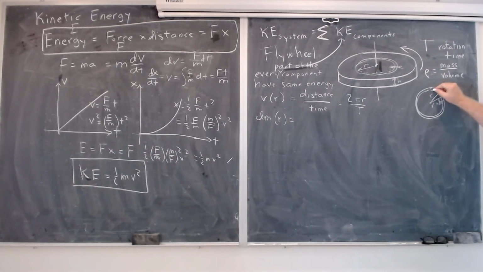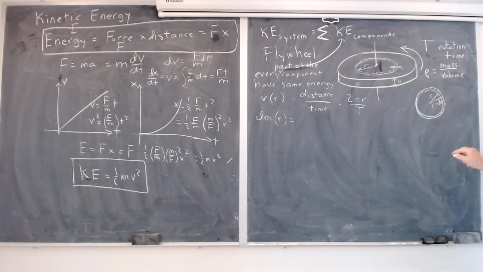The area of that, well, some students will just realize that it's 2 pi r, the circumference, times dr. You can figure that out using this as an aside.